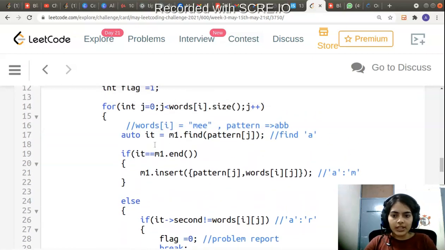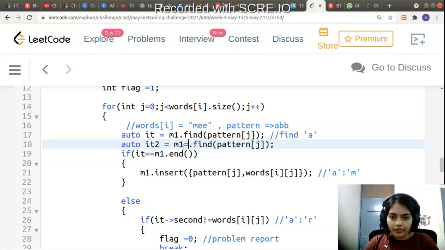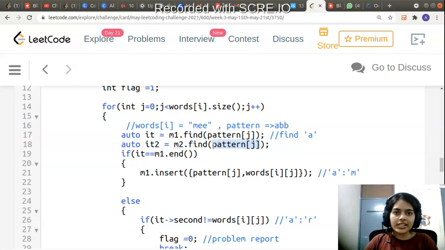As discussed, we have to do the same thing for map 2. So I will declare another iterator, let's say iterator 2. In place of map 1, I will give map 2. And in place of finding the patterns, we are reversing everything. So in place of pattern, I will give find words of ij.